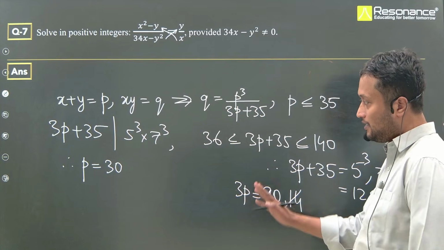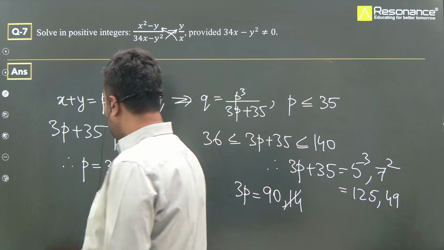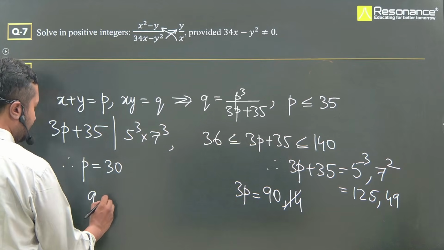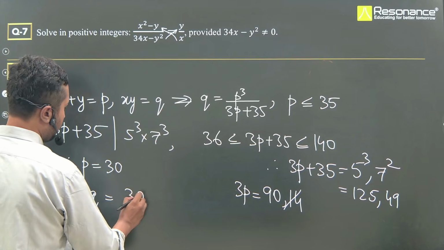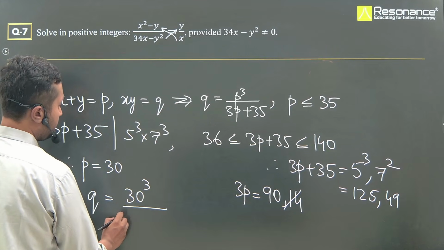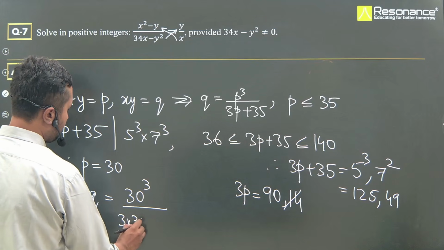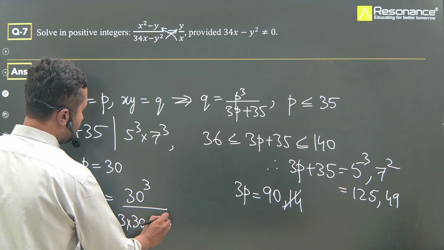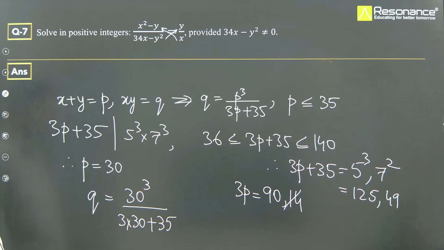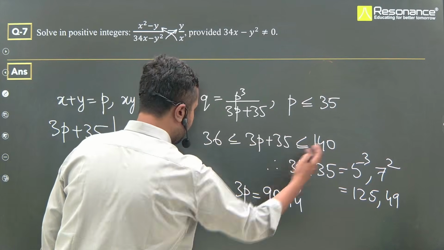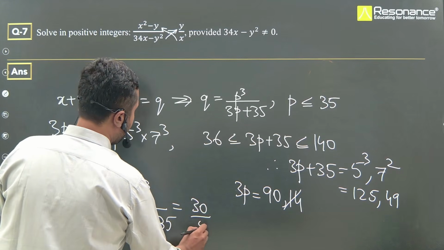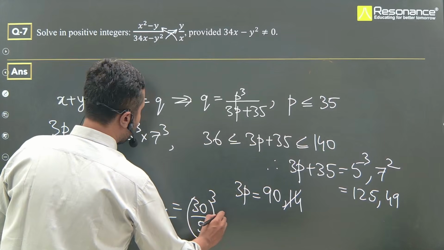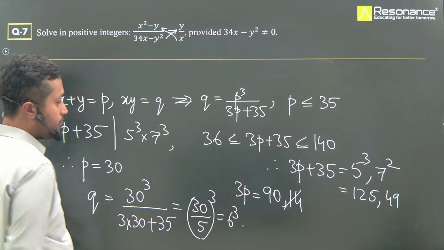That's it. So P is equal to 30. Now we can work out Q and everything that we are interested in. So Q is P cube divided by 3 times P plus 35. By the way, 3 times P plus 35, that's actually 5 cube in this case. So 30 divided by 5 whole cube, which is 6 cube.